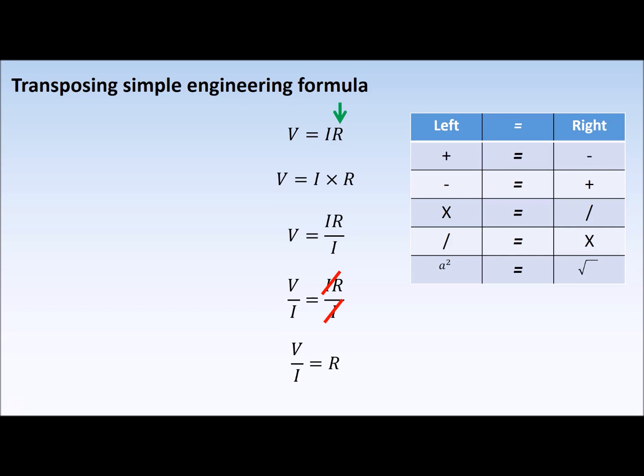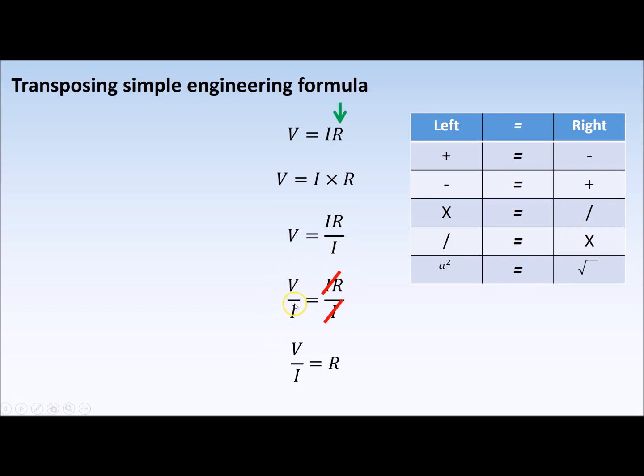I'll just pause for a second for you to look at that. Again, we have two values multiplied together. To break them apart, you need to divide by the one you want to move. We wanted to get R on its own, so we're going to move I across, dividing by I. Then what we do to one side, we do to the other.